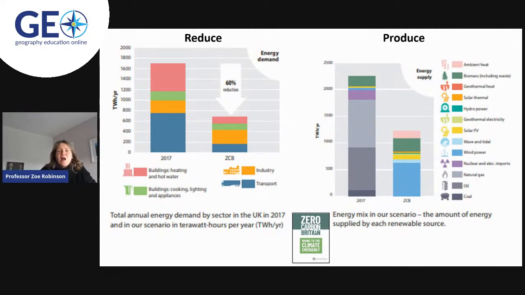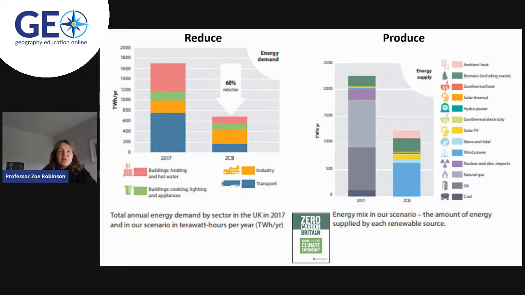This slide takes a couple of diagrams from a really great report I'd encourage you to have a look at. It's called Zero Carbon Britain, published by the Centre for Alternative Technology. They've done lots of work modelling how we can get to a zero carbon Britain.